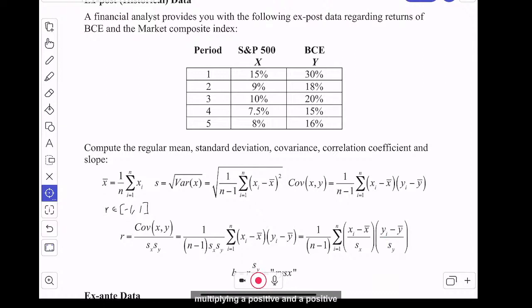So multiplying a positive and a positive gives you a positive R if that happens repeatedly. When X is above its mean, Y is below its mean, so they behave differently, then you would have a negative, because you'd have a positive times a negative, contributing negatives to the R. So that's the variation of the formula that we focus on, really.